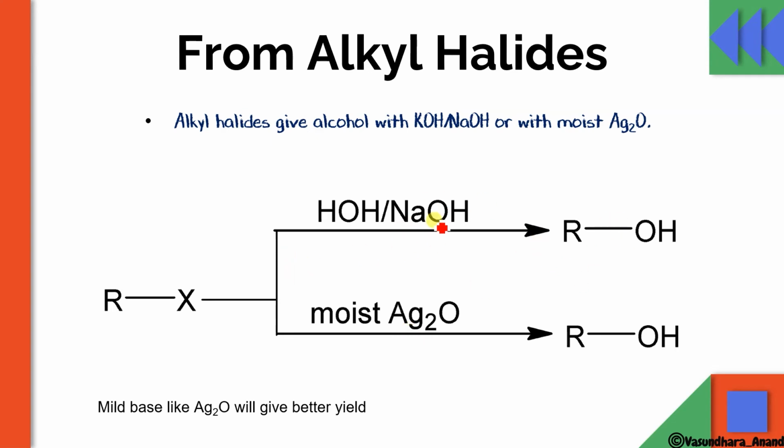Because with a strong base, if it is tertiary, it will lead to the formation of alkene instead of alcohol. That's why moist Ag2O, a mild base, will give the better yield.